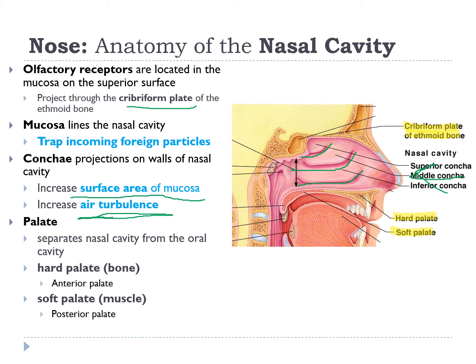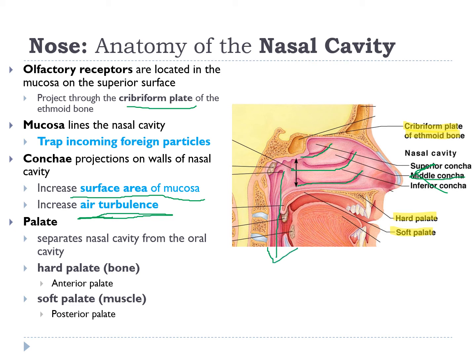So if you think about what turbulence means on an airplane, when they say we're experiencing turbulence, the airplane starts to shake, right? That means the air gets bumpy. So what the concha do, as the air comes in through your nares into your nasal cavity, it encounters the concha, and that actually causes the air to stir, to swirl around, and essentially slows down the air before it can make its way down through the airway into your lungs.